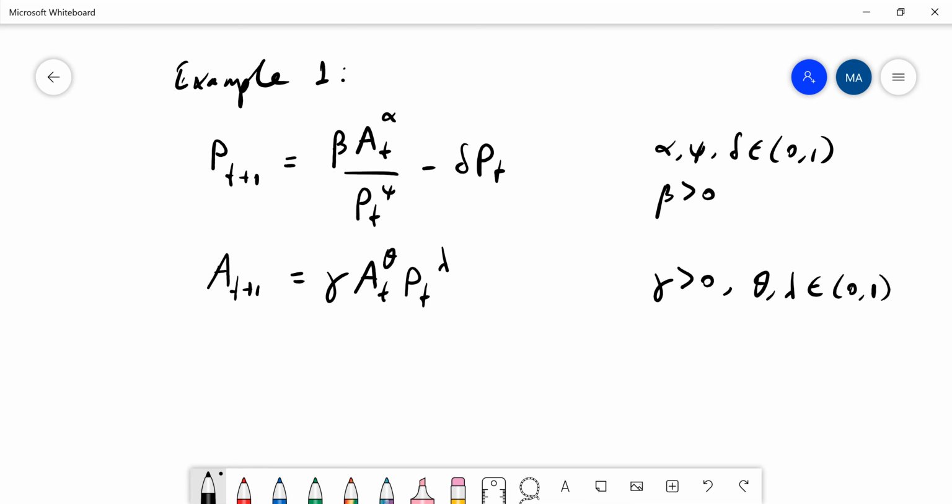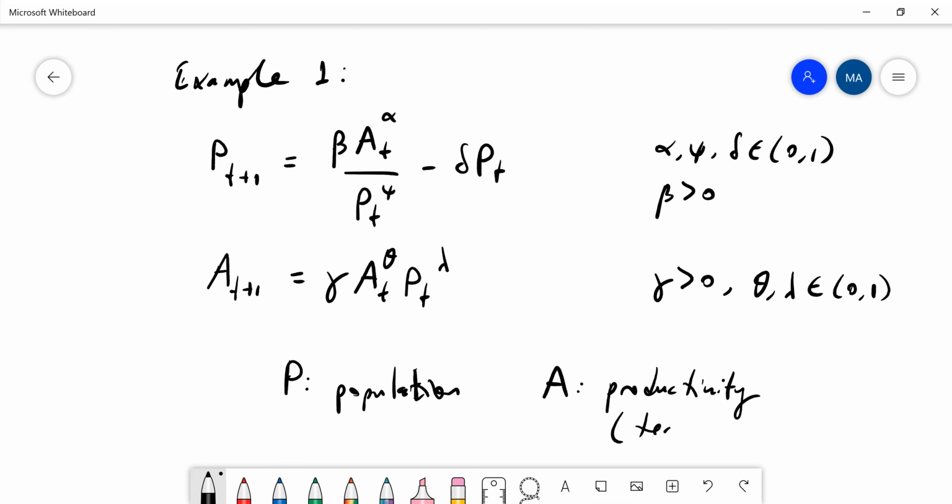Now this model is again a kind of Malthusian model, a population model. So P is population here, and A is some measure of productivity or technology more generally.